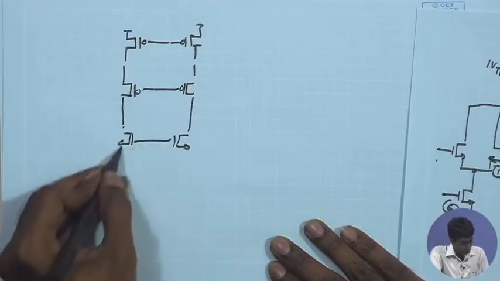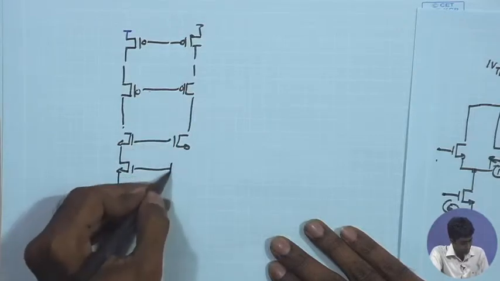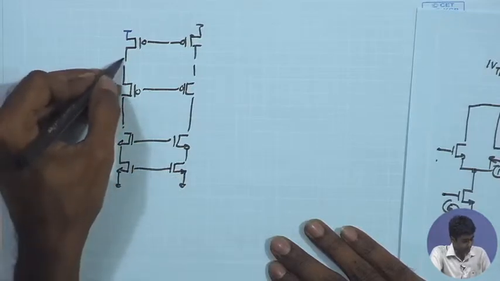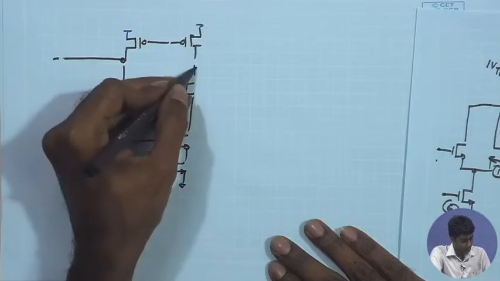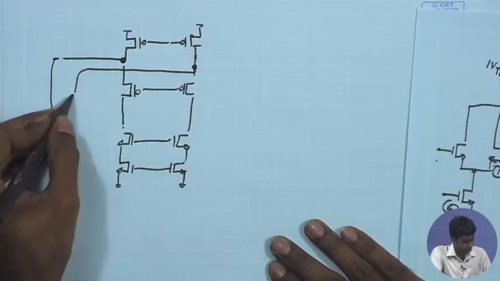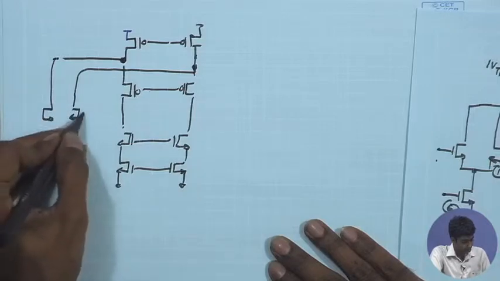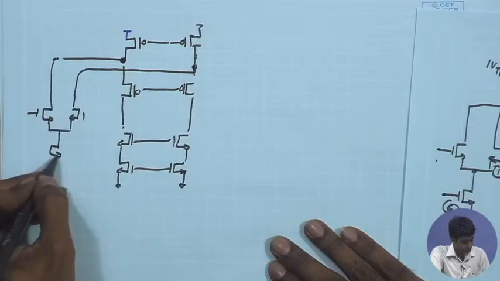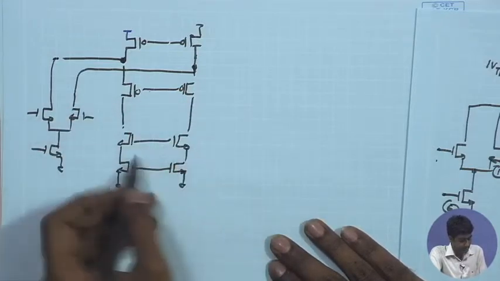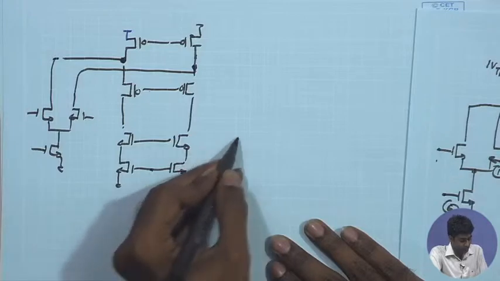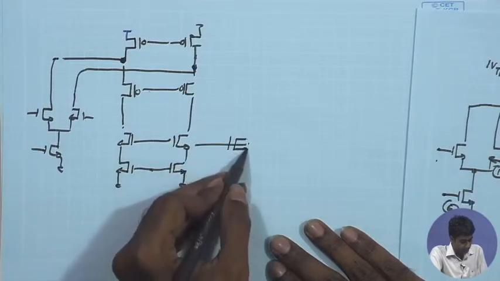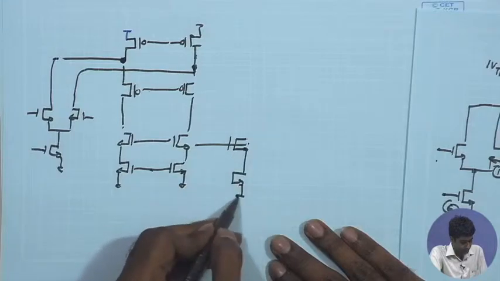The NMOS part is more or less there. We can use the biasing scheme that we just discussed. You have this part anyway. So for the NMOS, we have just discussed the biasing scheme where I need to use the cascode device to get the biasing.